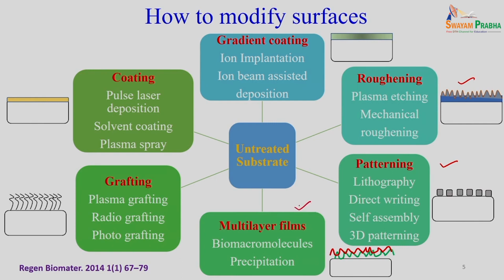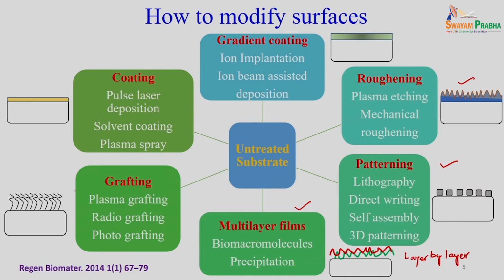For the multi-layer, we can have different biomacromolecule layer by layer assembly, because they lead to multi-layer adsorption. Also, we can go for precipitation, let us say you want to form the apatite layer. So, we precipitate, then the next layer, then the next layer. So, we can go for multi-layer films.